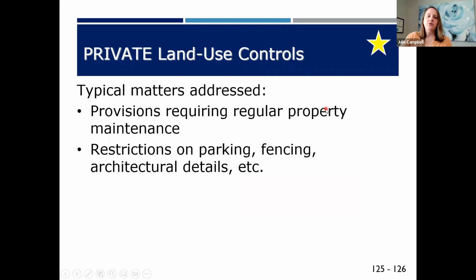So private land use controls are our covenants. Again, typically their point is to preserve the value. So they may have property maintenance. I have heard of some, like I said, where the covenants say that the grass in your front yard can't get any taller than a certain amount.